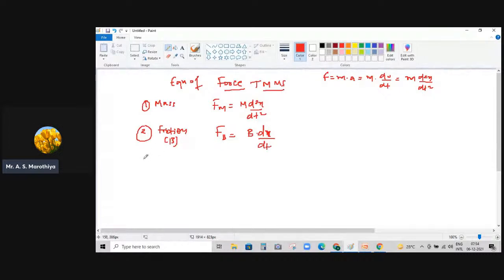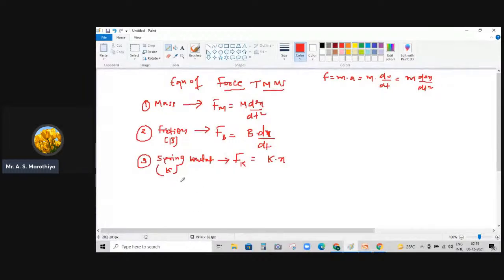In the same way, we have spring constant indicated by symbol K. The force component offered by spring constant is given by Fk equal to K times x. These force components offered by mass, damping coefficient, and spring constant in translatory motion type mechanical system, you must remember.